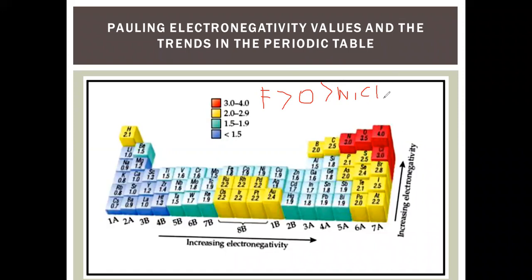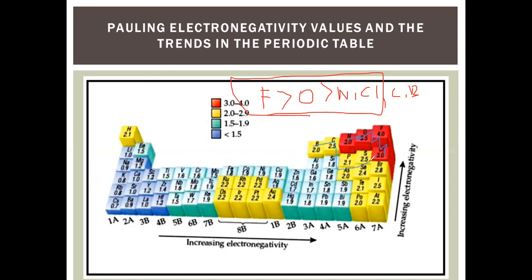And next we are going for carbon, boron, and the others, right? But you should be able to understand these values are the atoms with the highest electronegativity. So that is what they have shown in red. You can see this red color shows the highest electronegativity atoms.